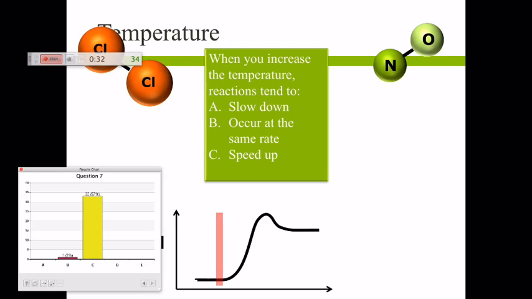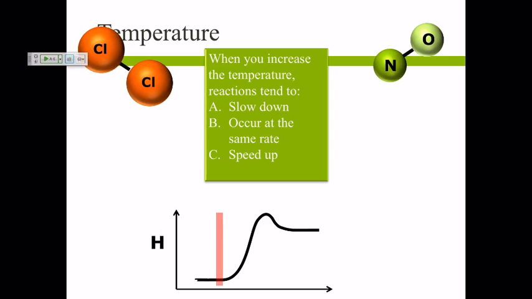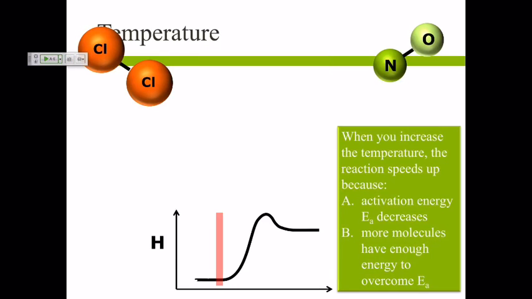So everyone says, except for one, that when we increase the temperature, a reaction speeds up. All right, I agree with you. I totally agree with you guys. So then the question is, let's go back to the question you had a minute ago. When we increase the temperature, why does the reaction speed up?